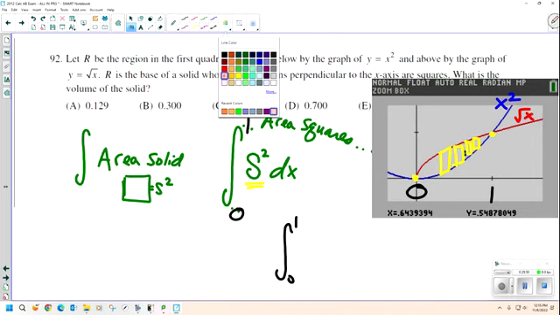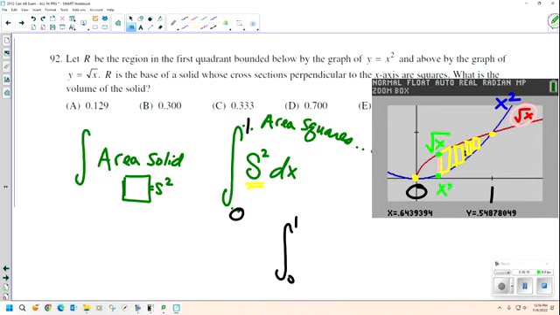I've got to pick a bright color, pink. The side is the distance between your two functions, with the square root of x being on the top. Wow, that's really terrible. I don't know why I decided to put light gray on light gray, but let's go green here. The square root of x is the top one, and x squared is the bottom.